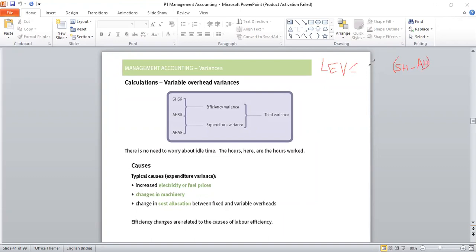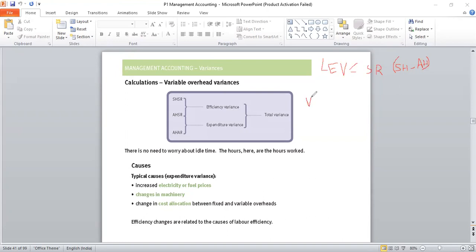The way we calculate labor efficiency variance, we also have variable overhead efficiency variance. Standard rate per hour. The same thing is applied here also.